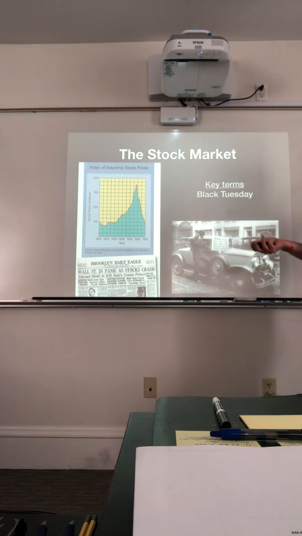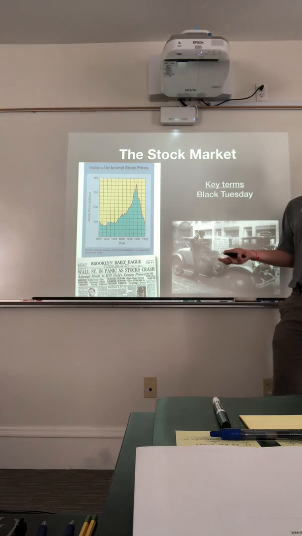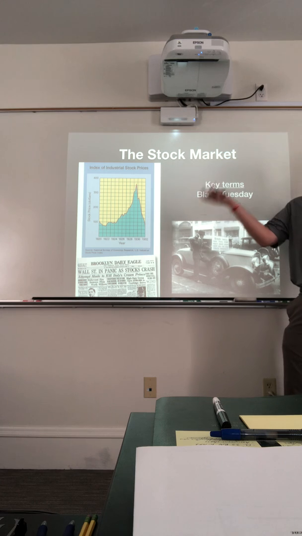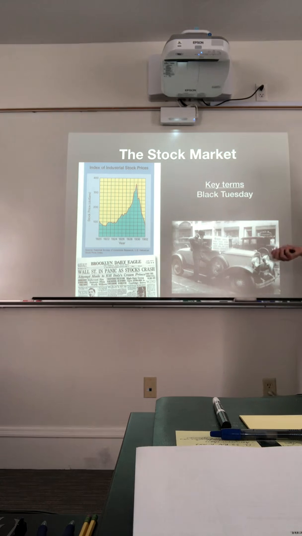People were making lots of money off of buying stocks. And it makes sense, right? If you buy stock at, say, $25, and then the price goes up to $50, and you sell that stock, you just doubled your investment. It's a great way to make some money. So in the 20s, not everybody, but everybody who's buying stock, for the most part, is making money. And so they're like, great, let me buy more stock.